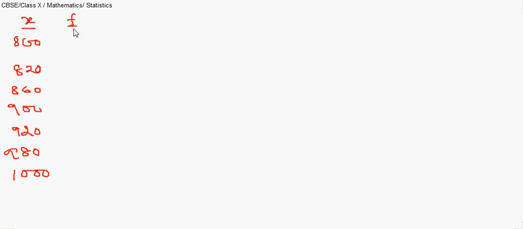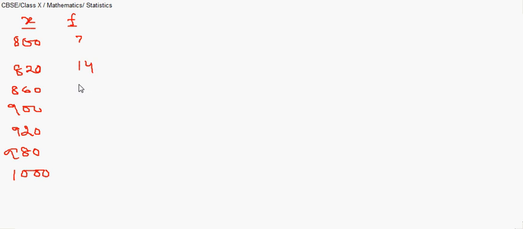Look at the values of x. They are too big: 800, 820, 860, 900, 920. If you multiply with values given under f and then find the sum of fx, it becomes quite a huge task. So in that case, we apply this shortcut method.